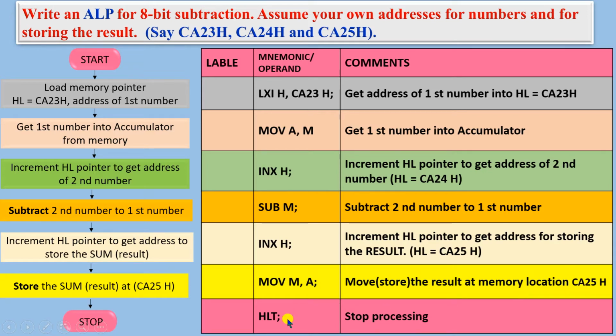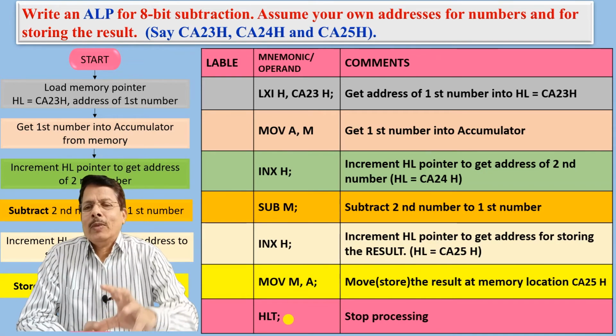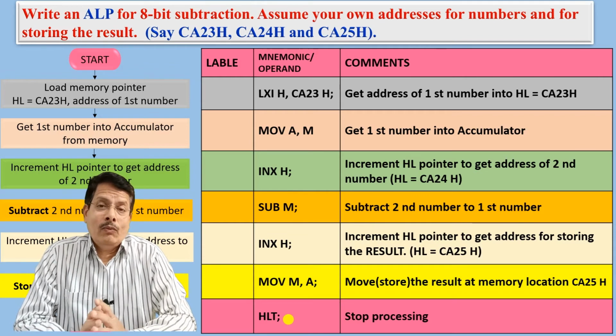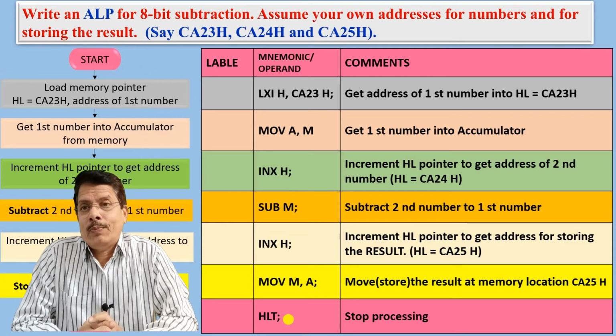And as usual, the last instruction is always HLT, that is halt, stop the processing. So using these 6 to 7 instructions we can subtract two 8-bit numbers.